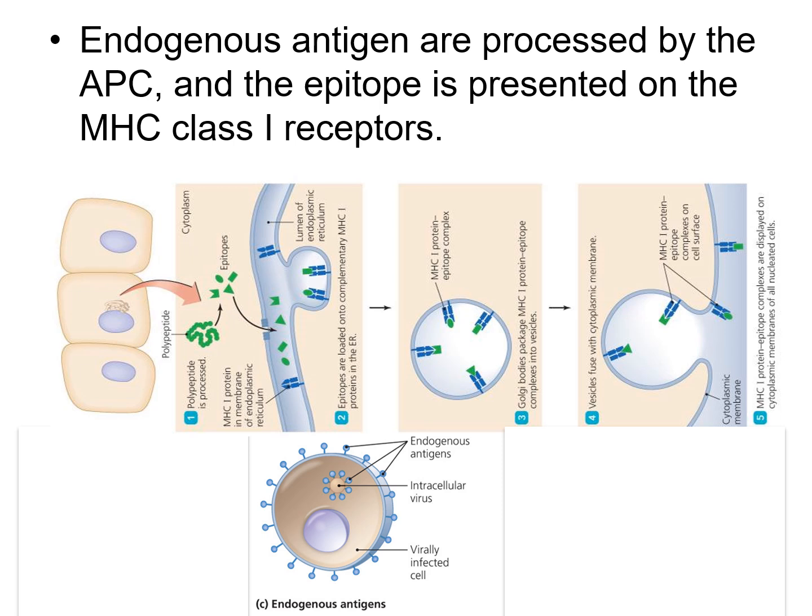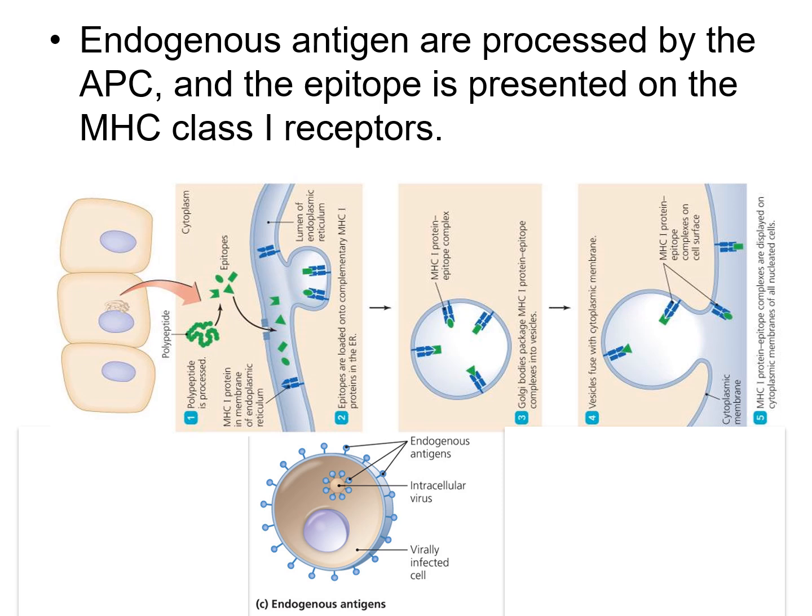So number one, a polypeptide is processed. They may see a protein in the membrane that is located on the endoplasmic reticulum, and we know that is commonly called the ER. So the MHC 1 is on the ER, and it is going to bind to that epitope when the epitope comes into the cell.